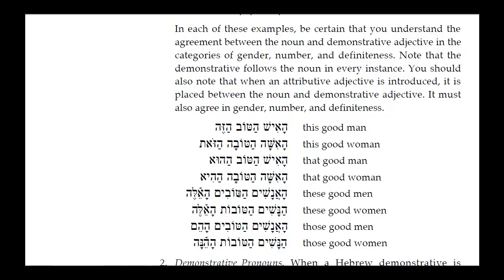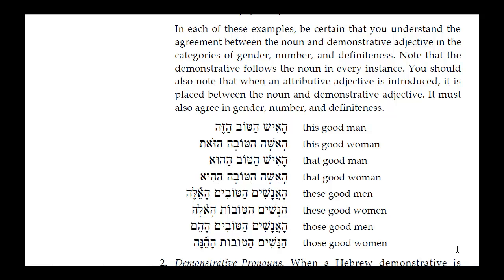Ha-anashim ha-tovim ha-ele. This is the men, the good, this. The attributive adjective ha-tovim agrees with ha-anashim in gender, number, and definiteness, and ha-ele is the demonstrative adjective coming after, agreeing in gender, number, and definiteness.